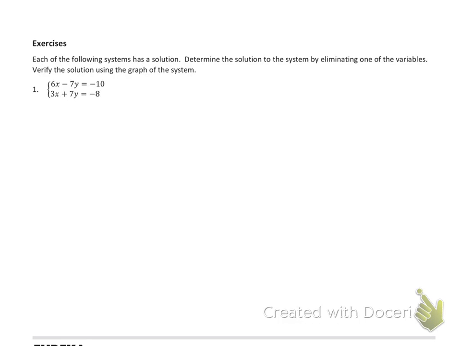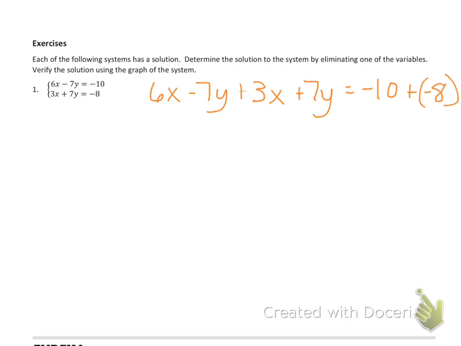Okay, so hopefully you've been working on these by yourself, and I notice in this one that if I just simply add the two left-hand sides, I'll get 6x minus 7y plus 3x plus 7y is equal to negative 10 plus negative 8. I was getting ahead of myself there.